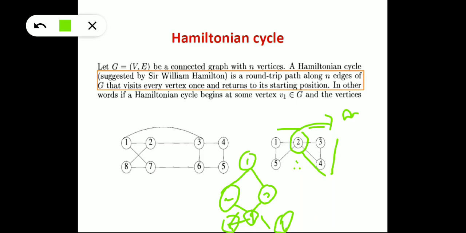In this case also, if you observe, I don't have any edge to get back from vertex 5 to vertex 6, or an edge to get back from vertex 6 to the starting point, that is vertex 1. So we cannot find Hamiltonian cycles in graphs that have pendant vertices in them. Please make a note: Hamiltonian cycles cannot be found in graphs which have pendant vertices as well as articulation points in them.